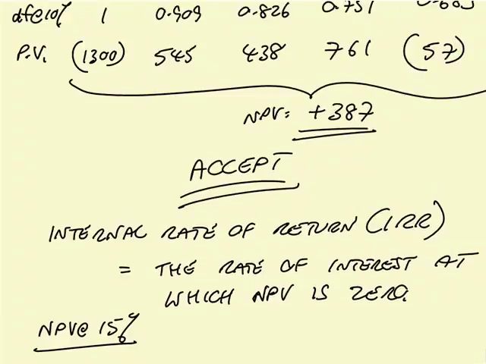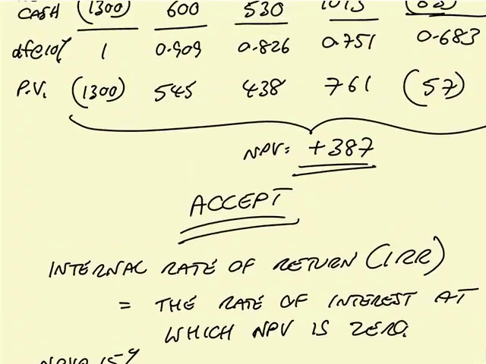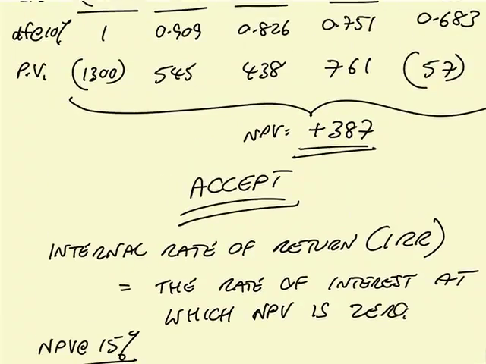We've got the cash flows. It should take literally 10 seconds. What's the NPV at 15%?